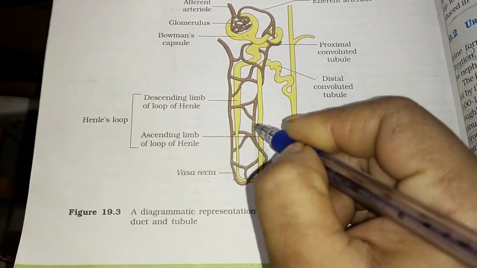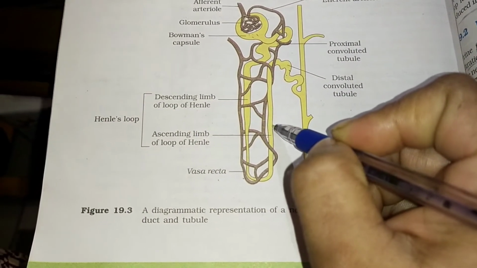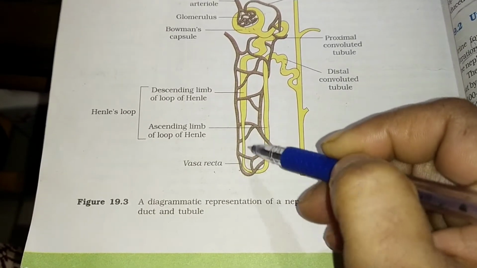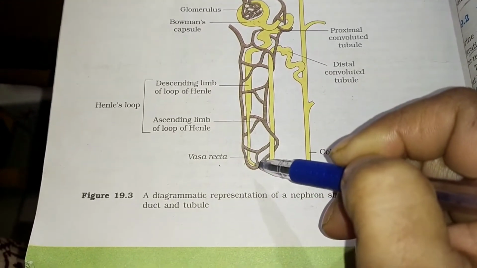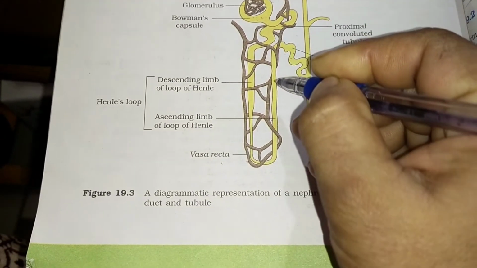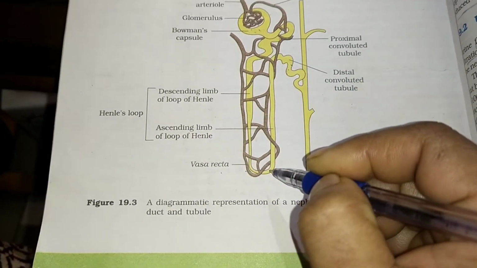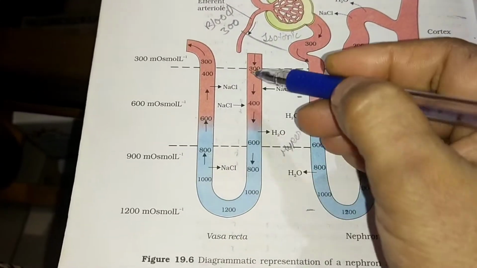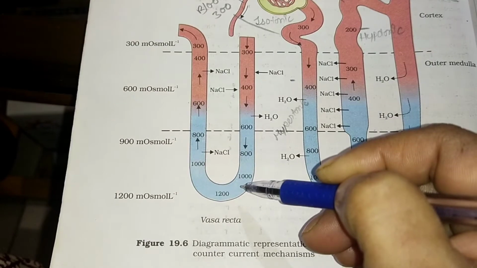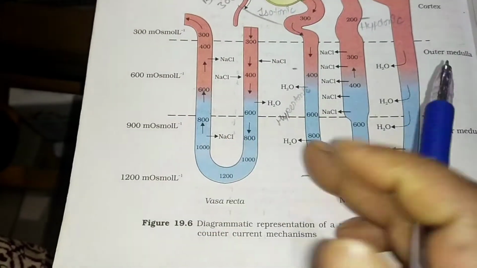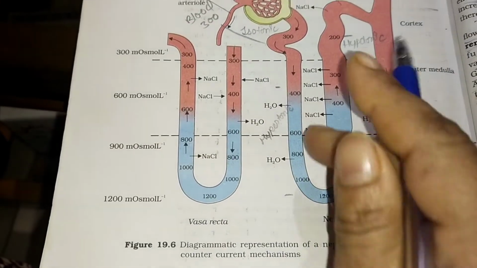This one is vasa recta and this one is Henle's loop. Clear? The yellow color limb coming down is the descending limb of the Henle's loop, and the yellow color going upward is the ascending limb of Henle's loop. This is the descending limb of vasa recta, and this is the ascending limb of vasa recta, which is present side by side with Henle's loop.